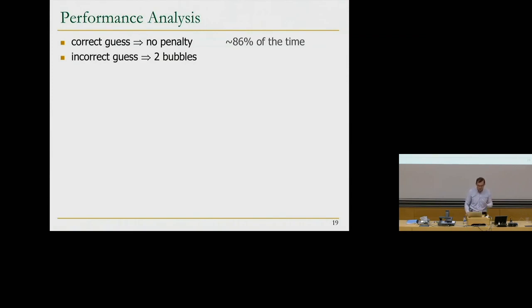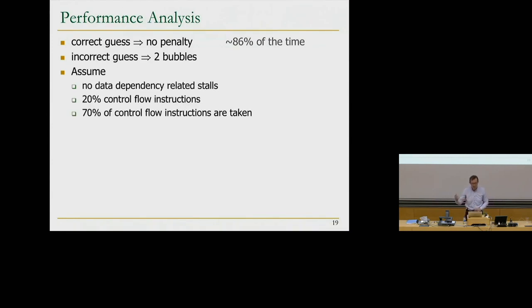I'm going to go through this very quickly because I've already motivated this, but I'm going to use this to make another point. So assume that there are no dependency-related stalls, and you have 20% control flow instructions, and 70% of control flow instructions are taken. This means that your CPI, cycles per instruction, is 1 in the regular case to finish all instructions, but you have some penalty. The penalty comes from the mispredicted branches. So 20% of the time, you have control flow instructions, and 70% are taken.